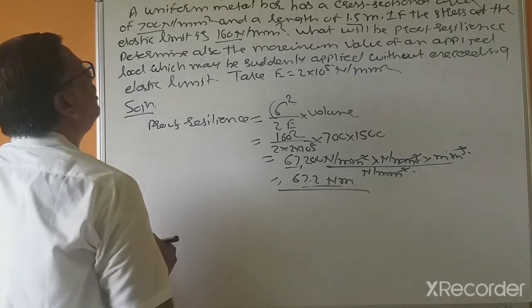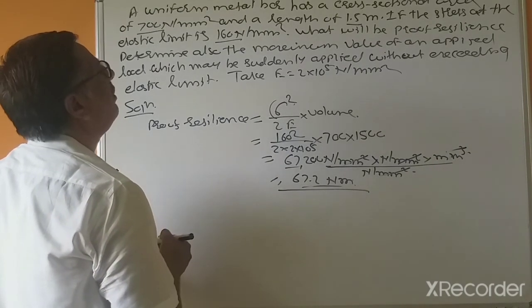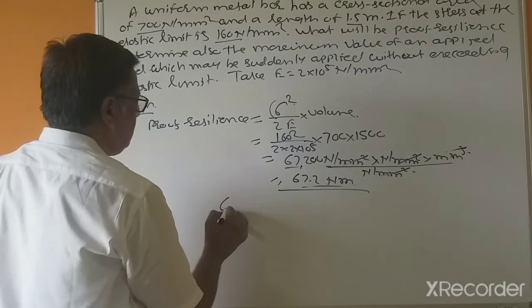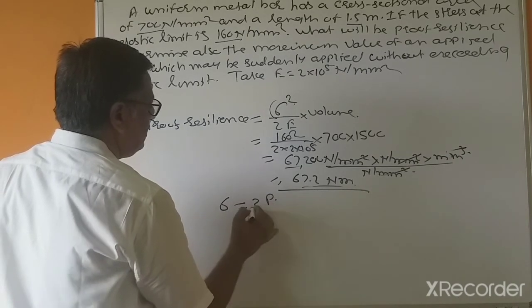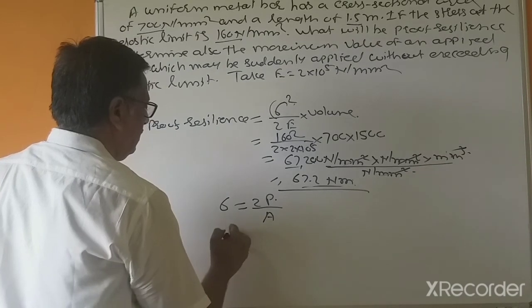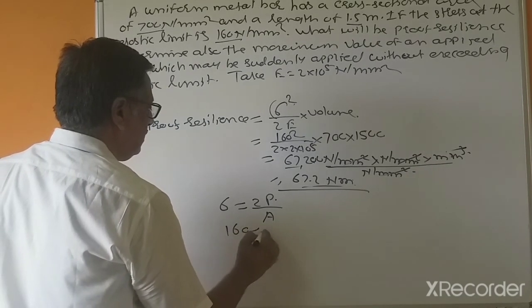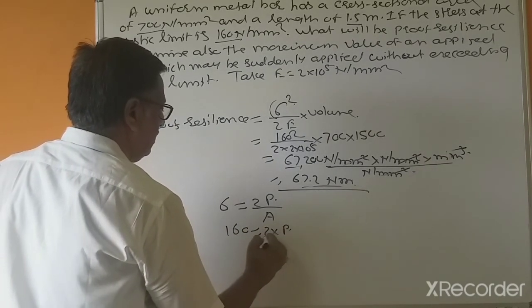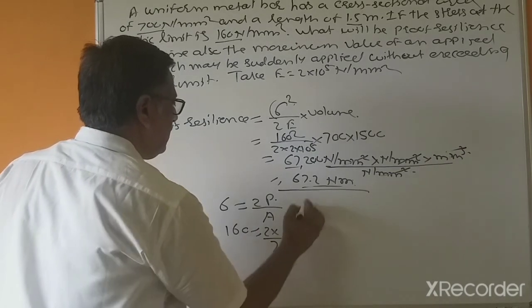Next, the maximum applied load. For a suddenly applied load, stress equals 2P divided by A. This is 160 equals 2P, with A equal to 700.